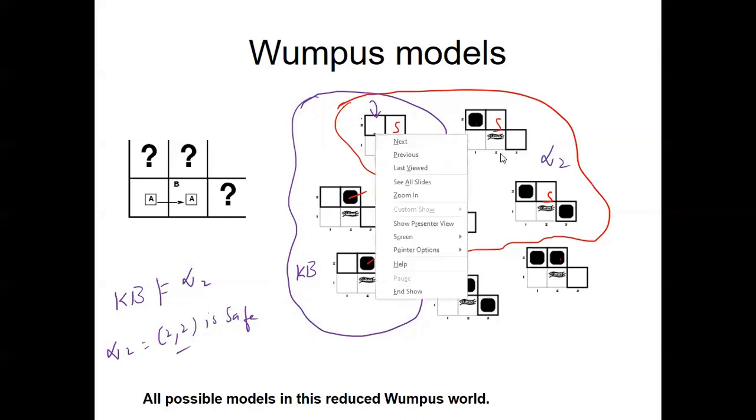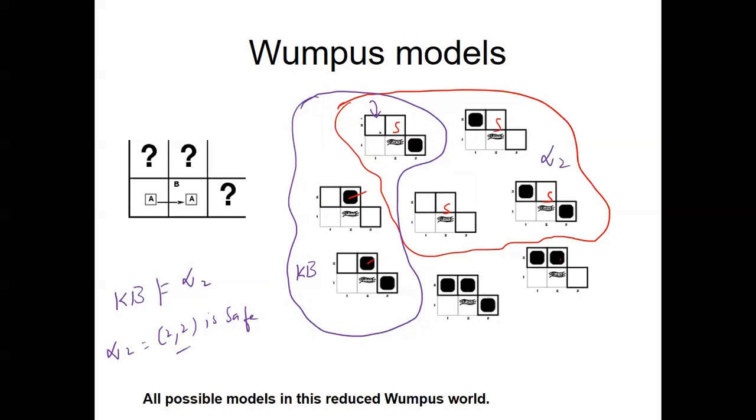But is it safe for alpha 1? Yes, it is safe. Here, 2 comma 2 is not safe for KB. The statement says that wherever KB is true, alpha 2 should be true. But here it is not true.